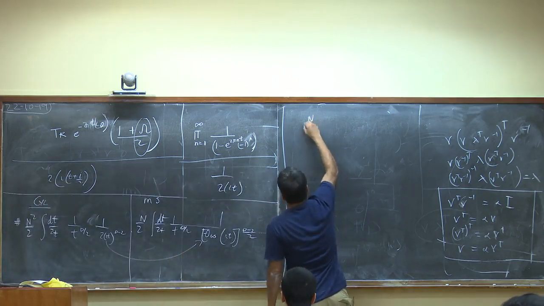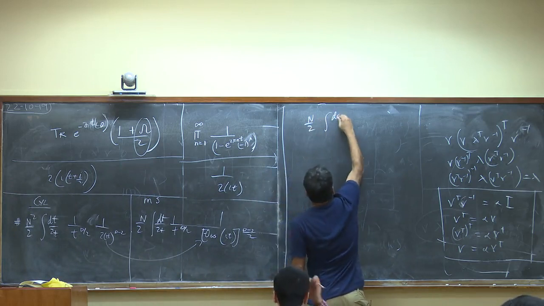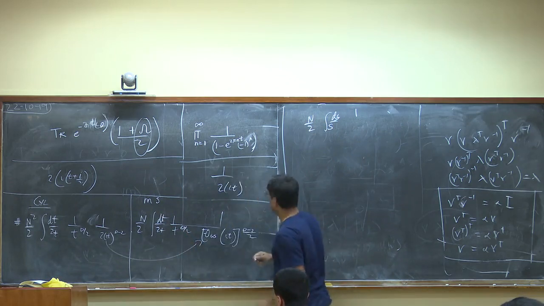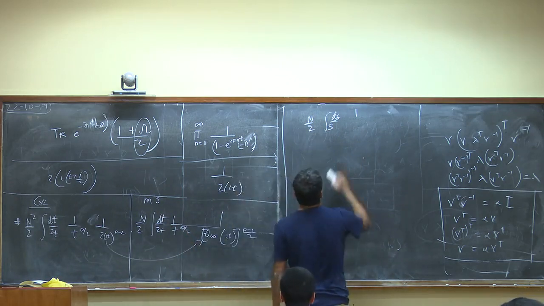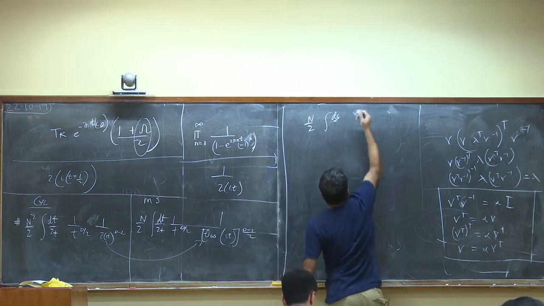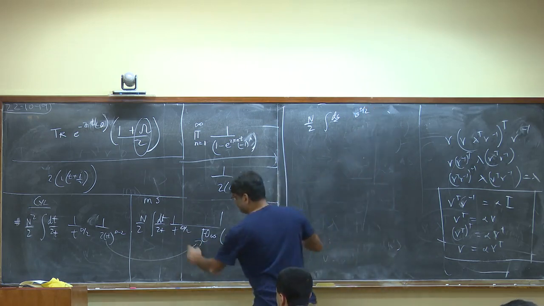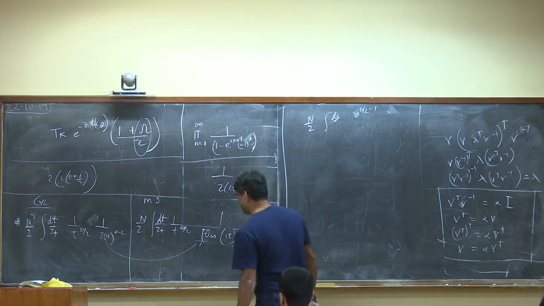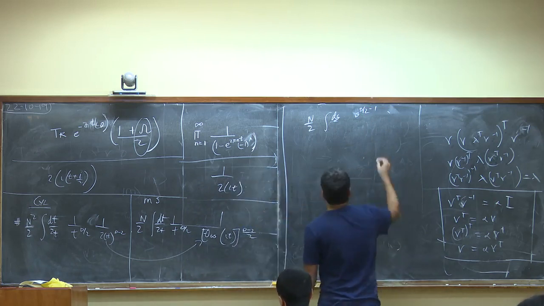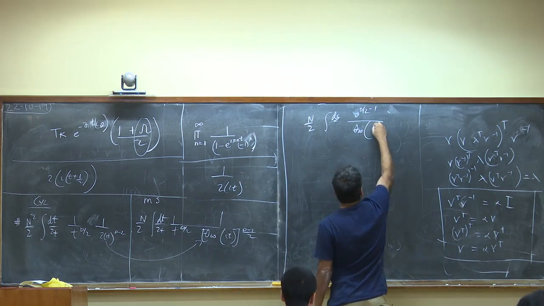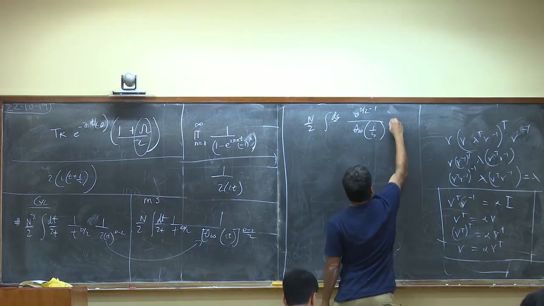So this becomes n by 2 ds by s. Then everything else goes away, no ds. So this becomes s to the power d by 2 minus 1, divided by theta 0,0 of i by s to the power d by 2 by 2.